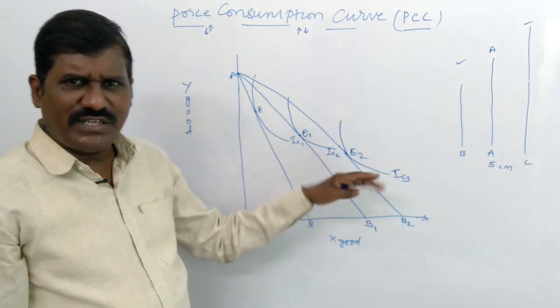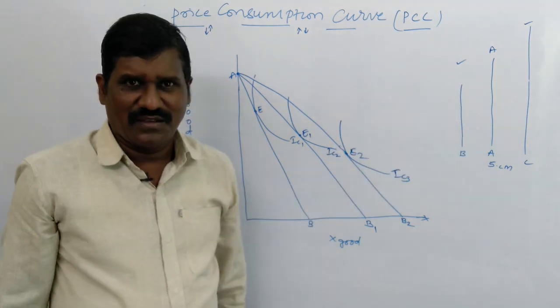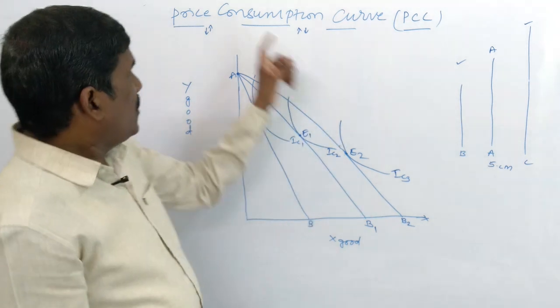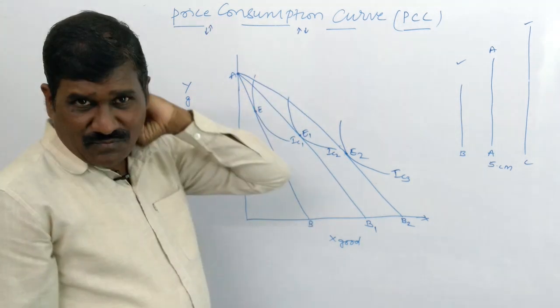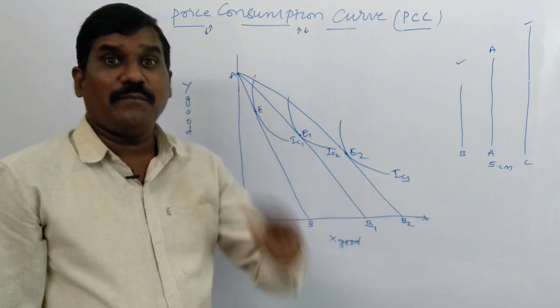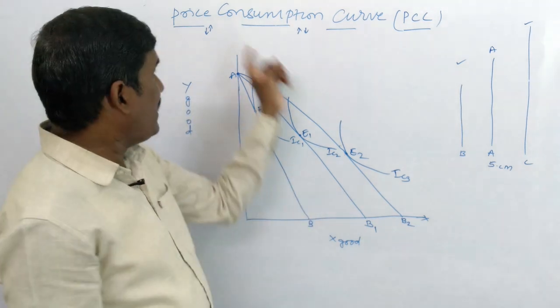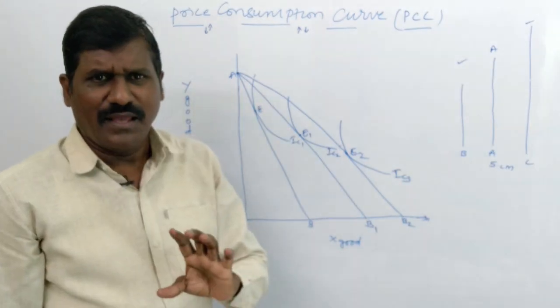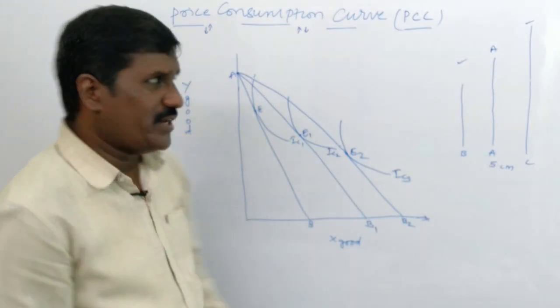We also discussed this in the previous videos. But the point is, how can we derive the demand curve from the price consumption curve? This is the main topic, the main discussion in this video.